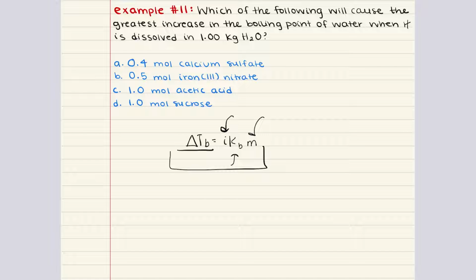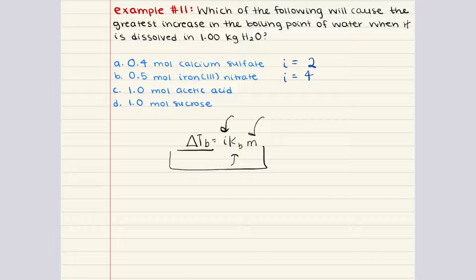It's going to dissociate into calcium cations with a 2 plus charge and sulfate anion with a 2 minus charge. So i is equal to 2 for calcium sulfate. B says 0.5 moles of iron(III) nitrate. Iron(III) nitrate, the i value is going to be equal to 4 because iron(III) nitrate is going to dissociate into 1 iron(III) cation and 3 nitrate anions. So the i value here is equal to 4.